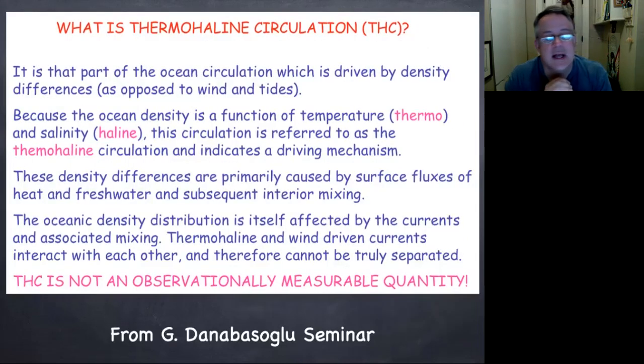So here are some other slides from Gökhan Danabasoglu talking about similar aspects, but the thermohaline circulation indicates a driving mechanism, which is what I was just saying. But the density differences are primarily caused by surface fluxes of heat and fresh water and subsequent interior mixing. So the density distribution itself is affected by the currents and associated mixing. So thermohaline and wind-driven currents interact with each other, and they can't be truly separated.